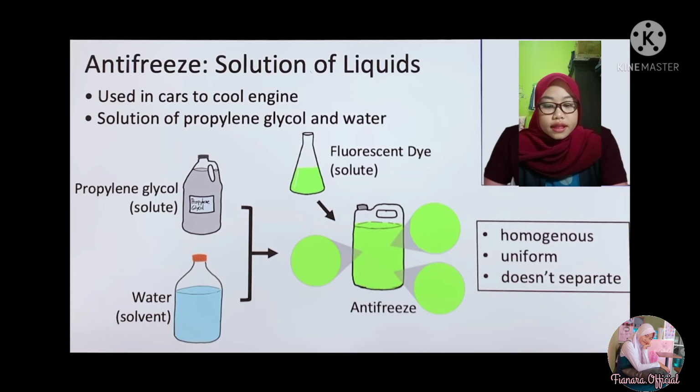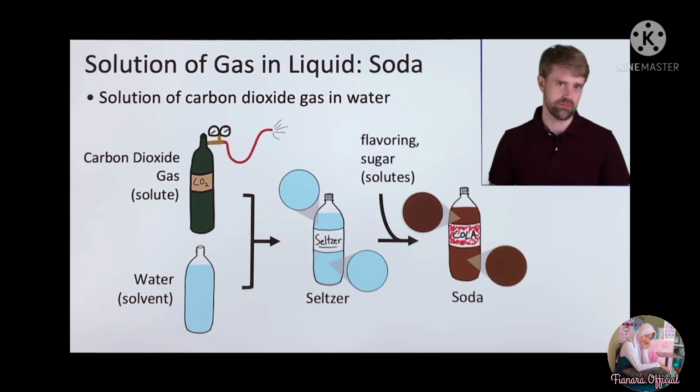Here's another good example of a solution made by mixing liquids. This is antifreeze, which is used in cars to cool the engine. Antifreeze is made by taking propylene glycol, which is a thick, viscous clear liquid, and mixing it with water.